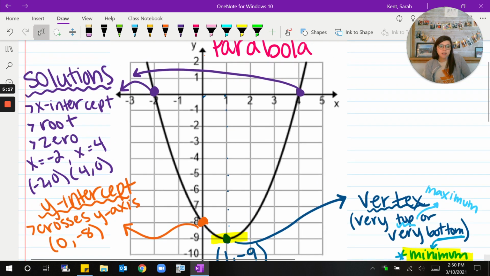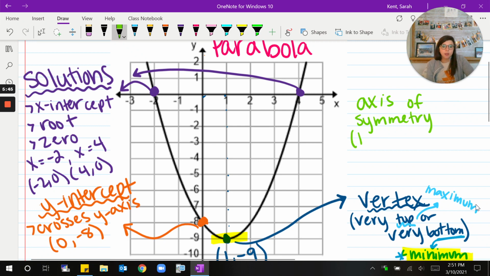And then our last word that we're going to talk about is called the axis of symmetry. In our axis of symmetry, this is a line that goes through the vertex.